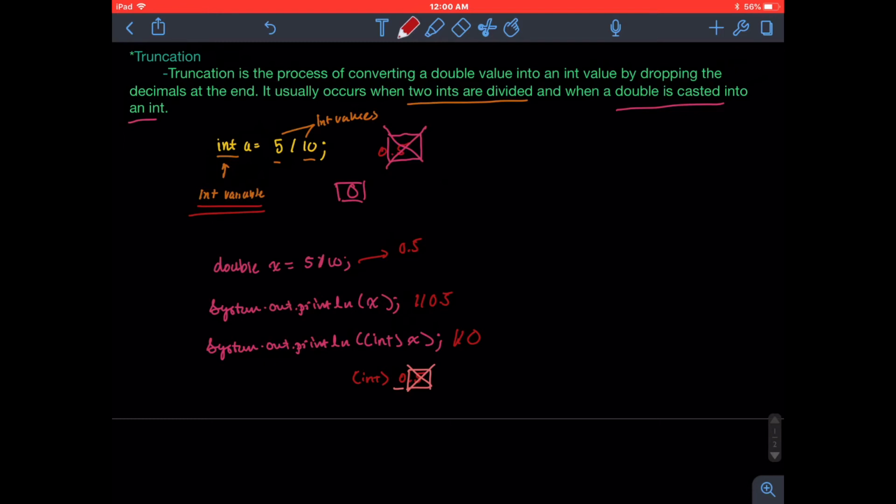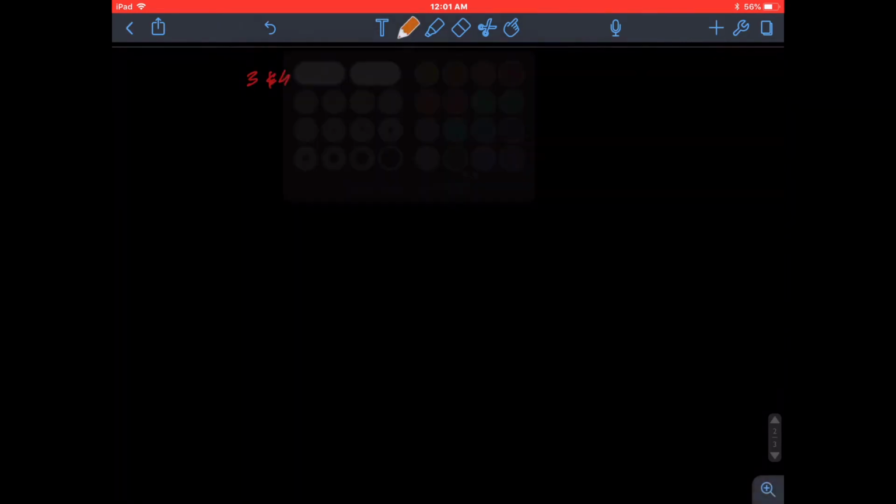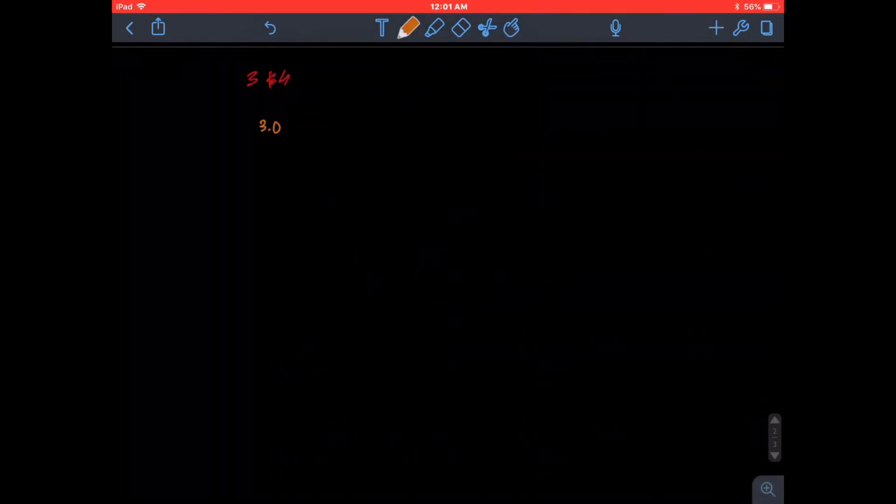All right? Now let's look at some other examples of truncation, 5 main ones that I want to talk about. So let's use the numbers 3 and 4 for this example. Let's say we have 3.0 and we divide it by 4. What's going to be the outcome of this?